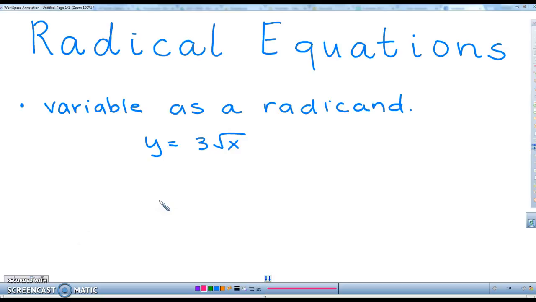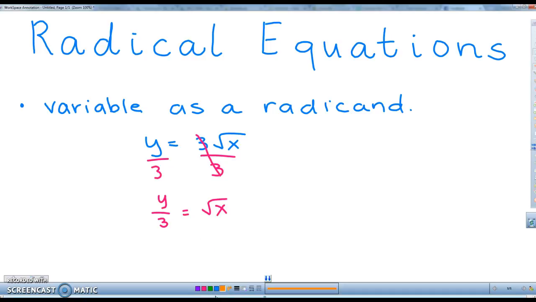Well, if I'm going to try to solve an equation, I don't necessarily want a radical. It makes it a little bit harder to solve. So my idea here is that we're going to break down this equation and try to get x by itself. And that would actually also mean to get x out of the radical. So the first thing I need to do to get x by itself is to divide both sides by 3. Okay, that way these cancel, and I'm left with y over 3 equals radical x.